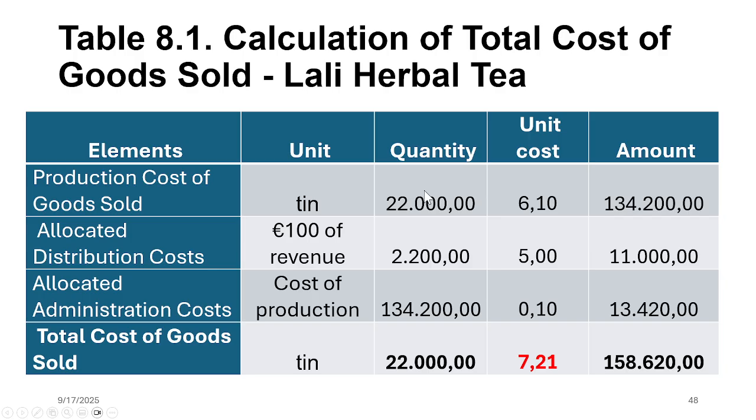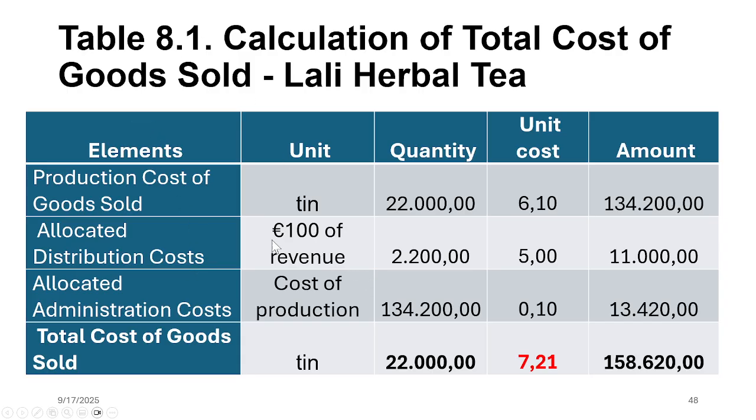So 22,000, we have the unit cost in the last table is 6.1. So we have a total amount of 134,200, right?